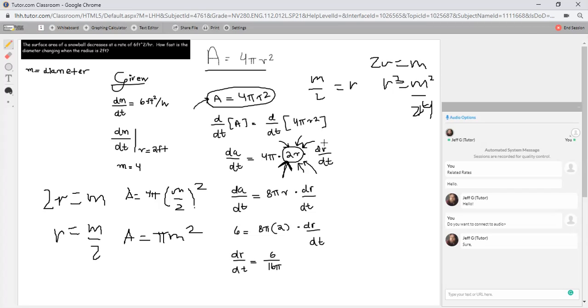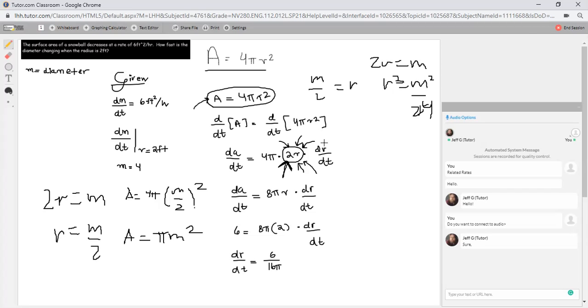So if I were to forego simply substituting m into 2r, our main goal is to somehow eradicate the r from our original formula. I think that's the easiest thing to do.